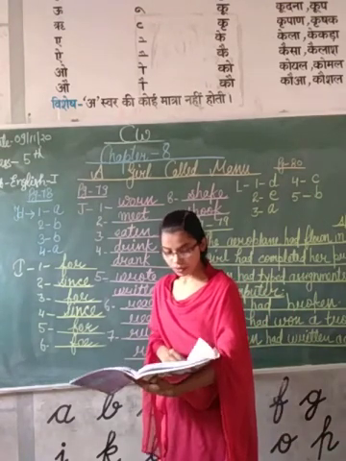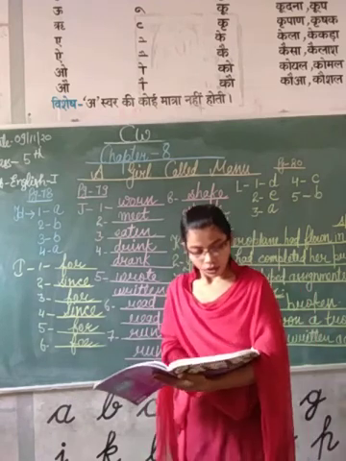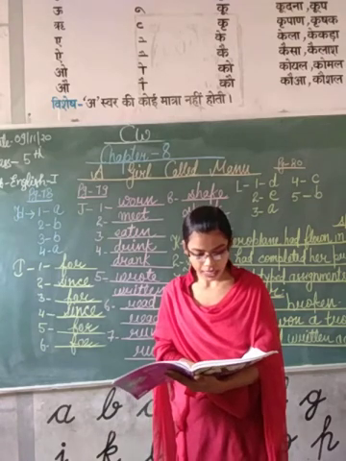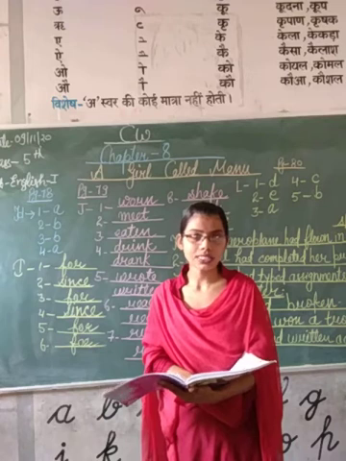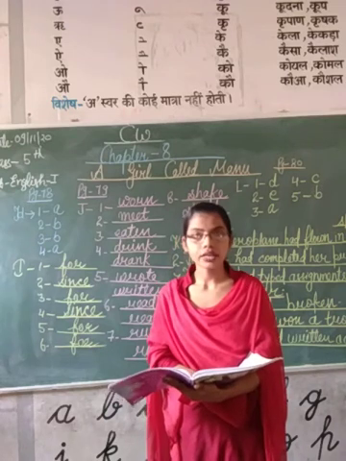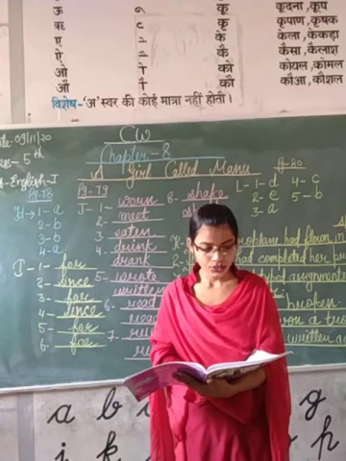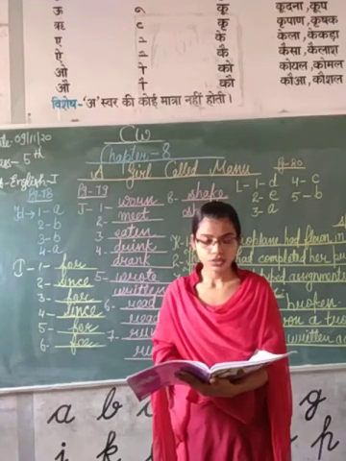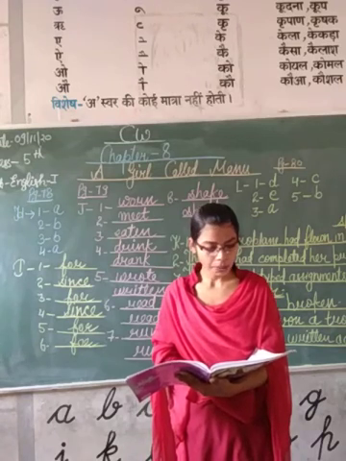In question number H, you have to take the sentences that are in the past continuous tense. So firstly, we will discuss what is past continuous tense. After that, we will do this exercise. The past continuous tense is used to show an action that was going on for some time in the past.